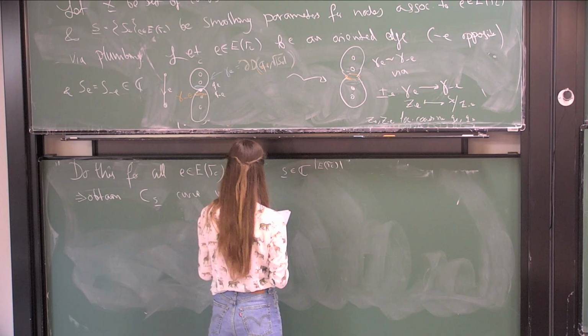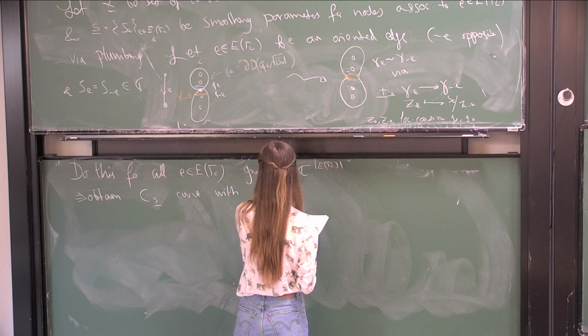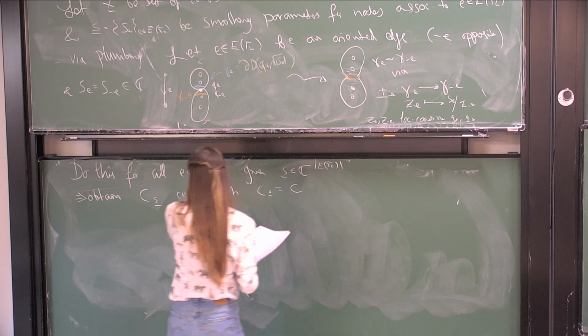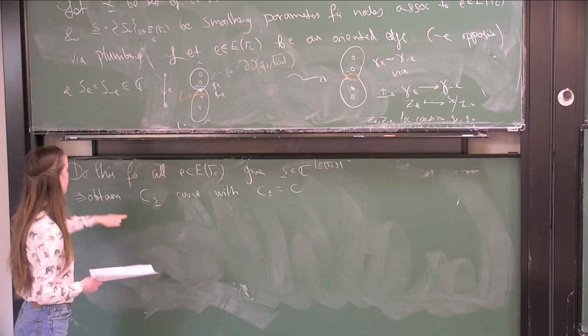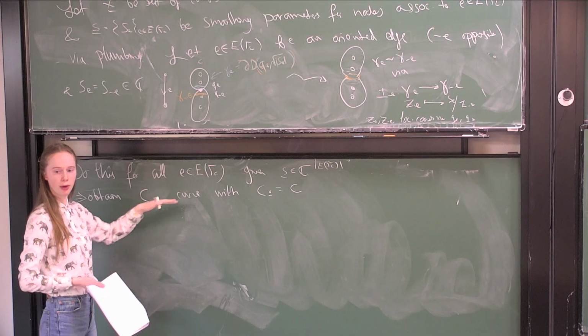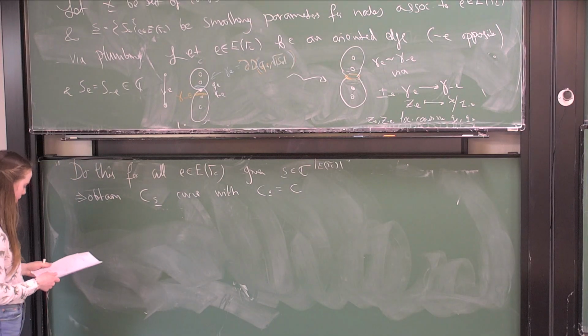So that when you set S equals 0, you recover your original curve. So in this way, these smoothing parameters actually form coordinates for the moduli space of curves.